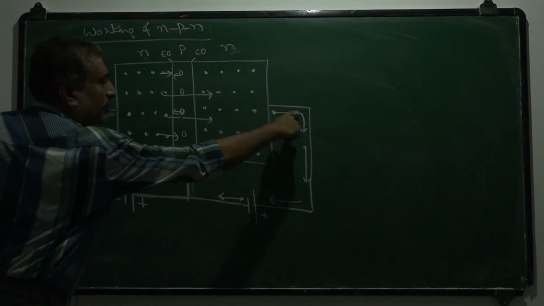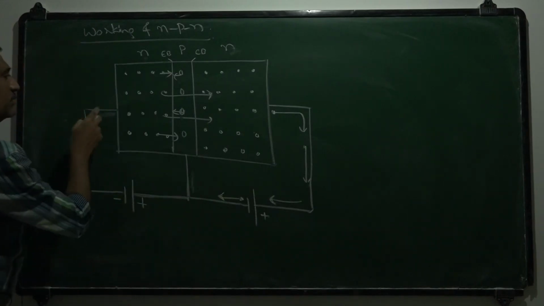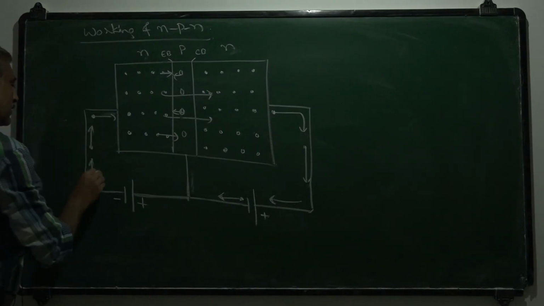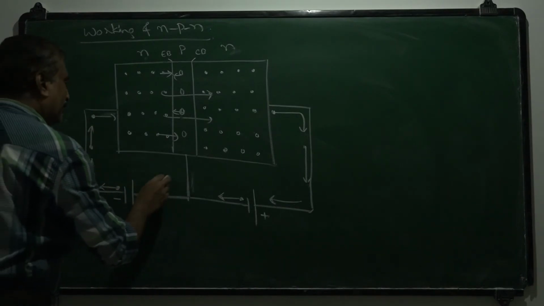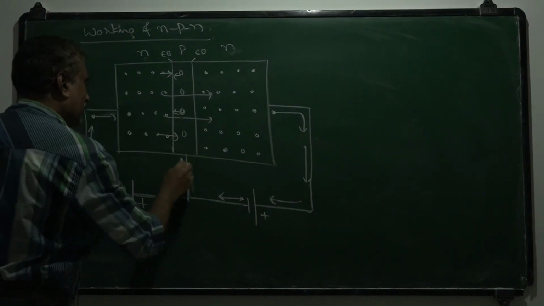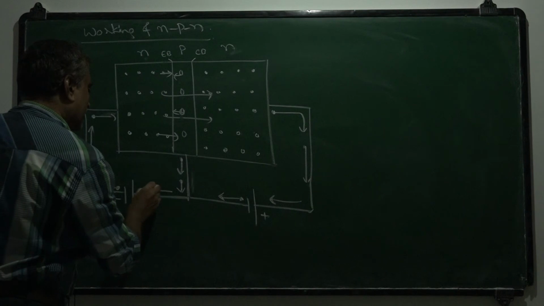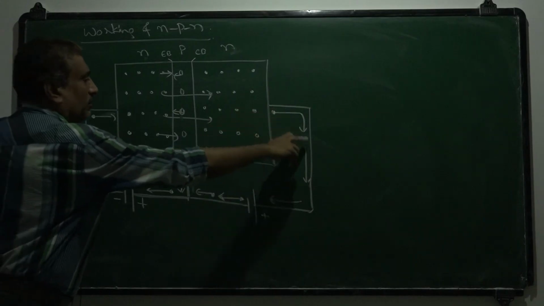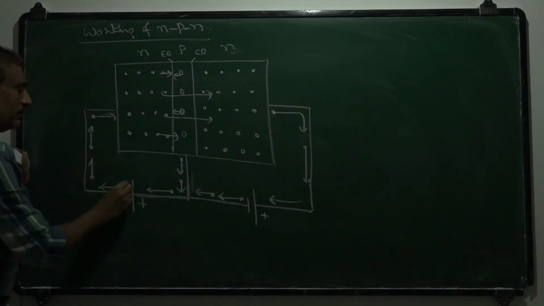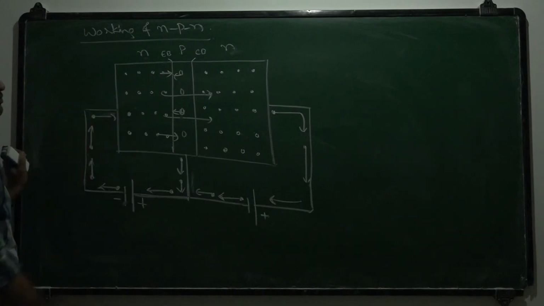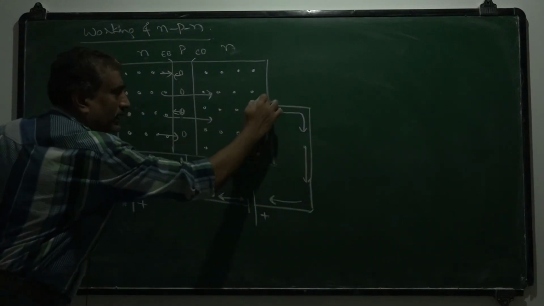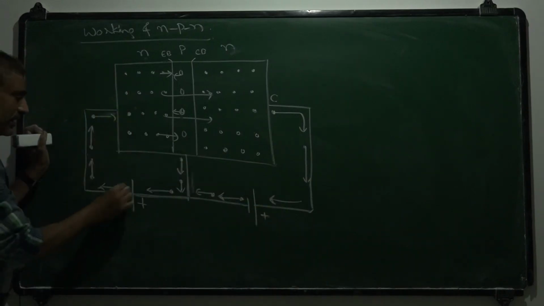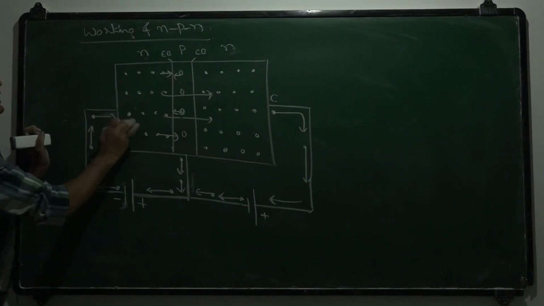Whenever an electron comes out of the collector region and reaches this positive polarity, another electron from the negative polarity of the battery enters into this emitter region.